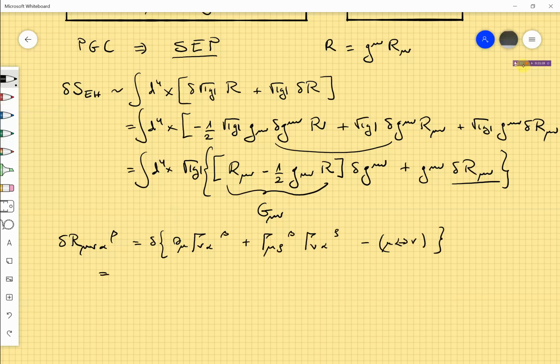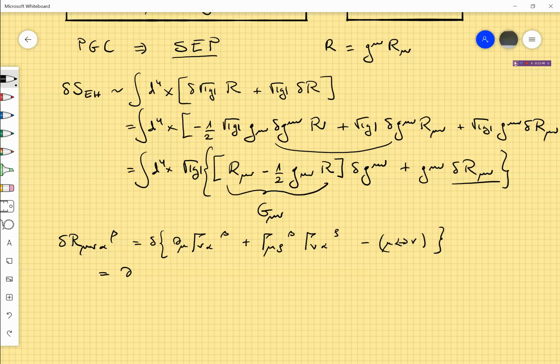As I said, we are very lazy people, theoretical physicists. Now, the first thing that you realize is that R mu nu only depends on the connection, not on the metric explicitly. It depends on the metric only through the connection. This is why varying the Riemann tensor is useful.